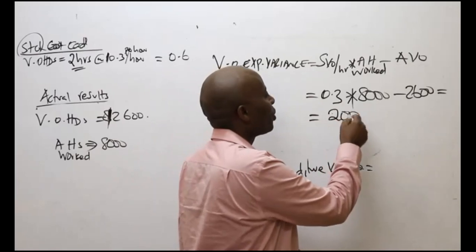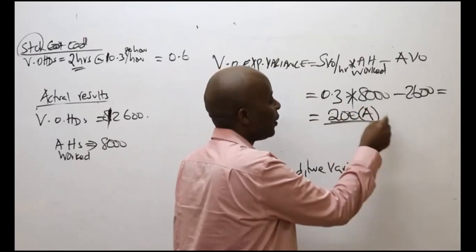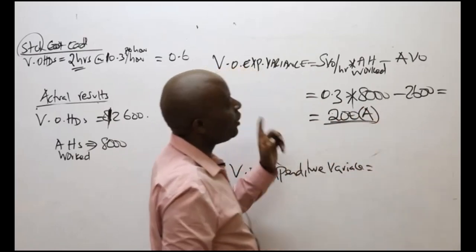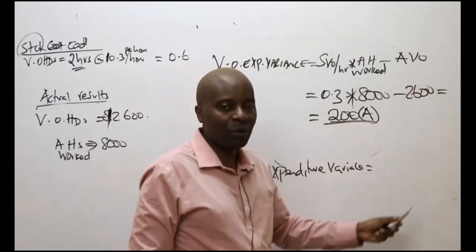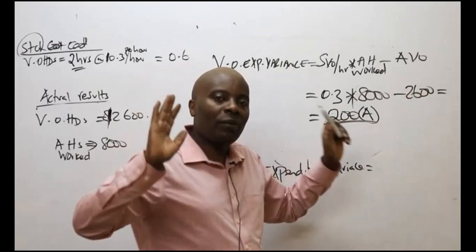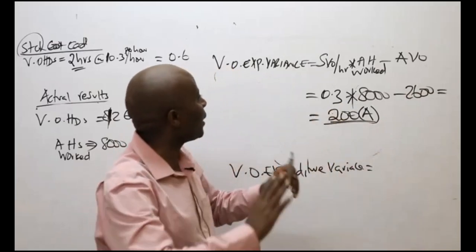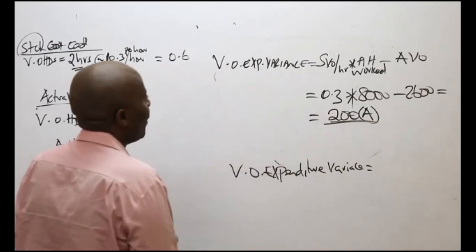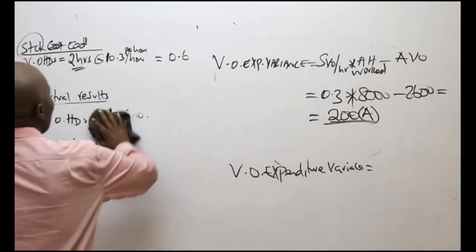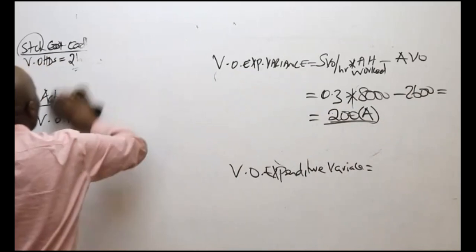I'm being told negative, which is adverse. And remember, for whatever reason, you will get some students putting brackets where they're not supposed to be put. For variable overhead expenditure variance, there are no brackets at all.